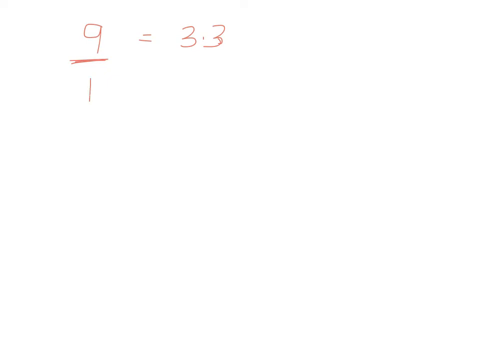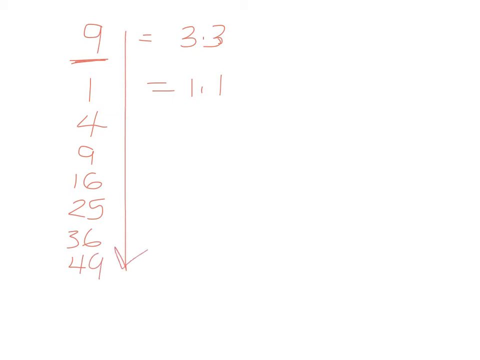So 1 is a perfect square because 1 times 1 equals 1. 2 is not, 3 is not, 4 is a perfect square, and then 9 is the next one, then 16, then 25, then 36, 49. So we made this list at the beginning of the year, and they now have to be really familiar to you to know that these are all perfect squares.